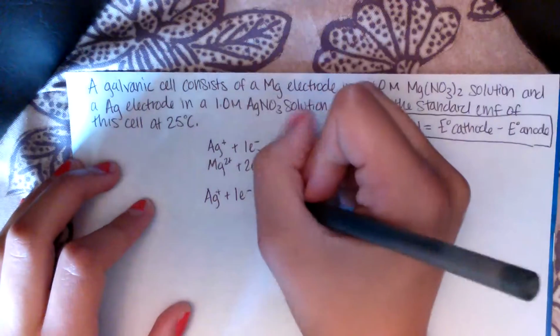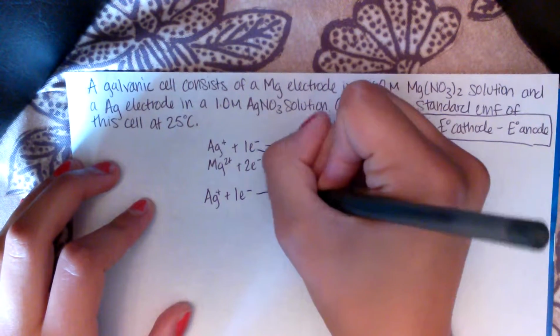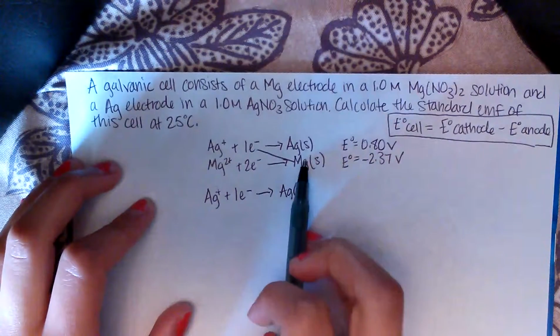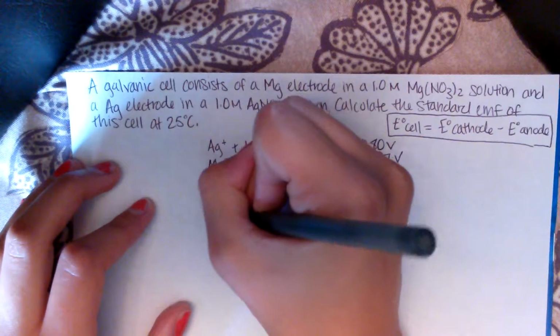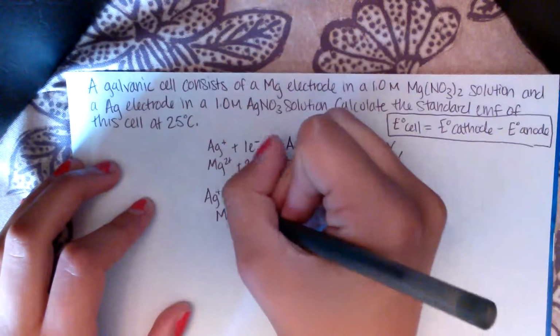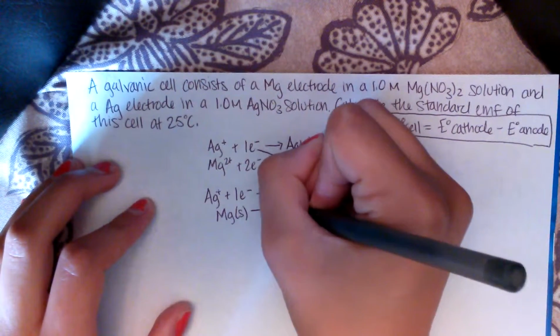And then you can write, we'll just do the top one first. So you're going to want to keep them separated. And then Mg as a solid is going to want to be in your reactant as well. So we're just going to set it up almost like we're about to put them together.